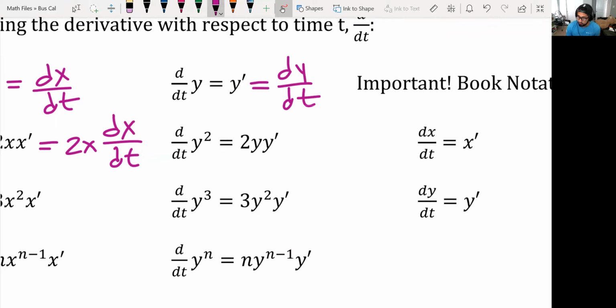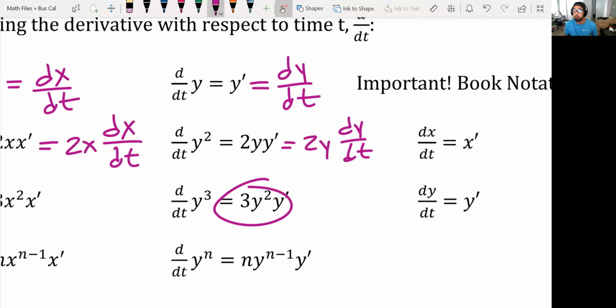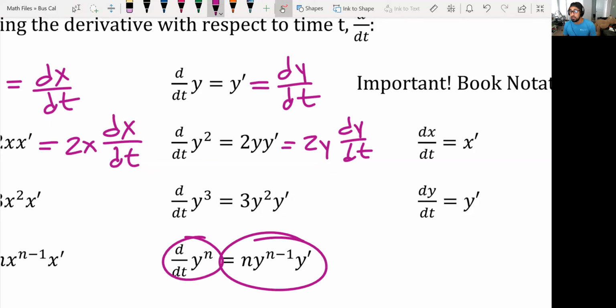And 2y y prime would be 2y dy over dt, and so on and so forth. Once again, the implicit derivative with respect to time of y is y prime, y squared gives 2y y prime, y cubed gives 3y squared y prime, and any power of n gives n times y to the n minus 1 times y prime.